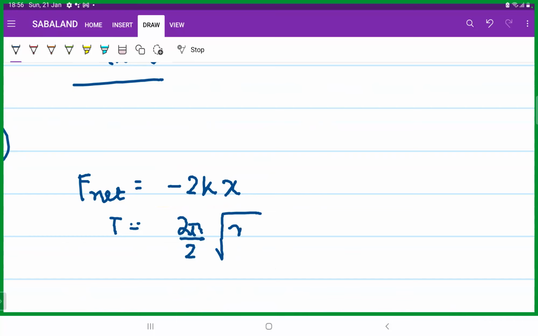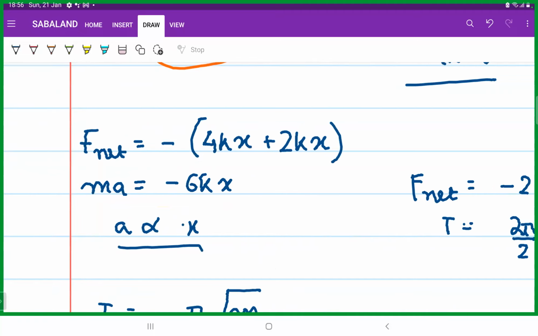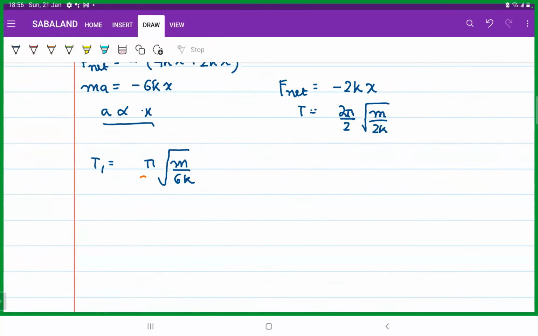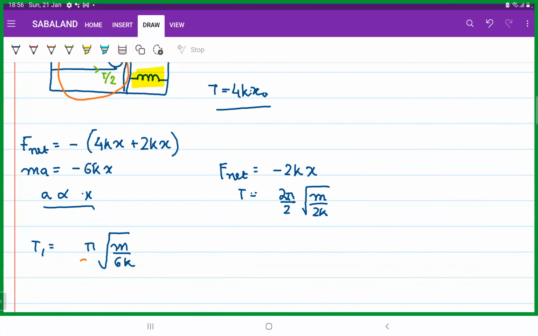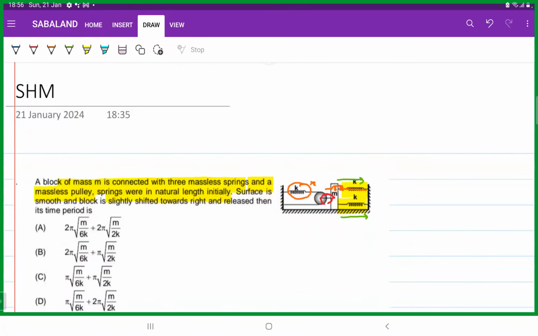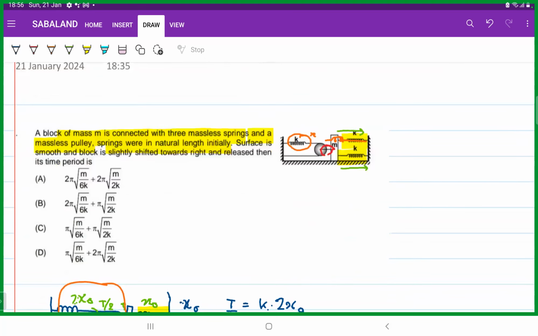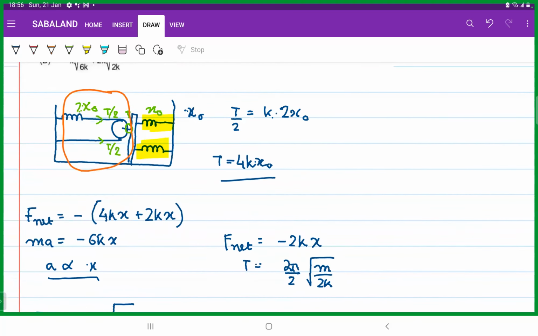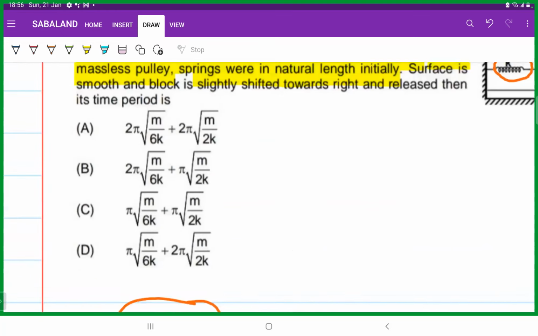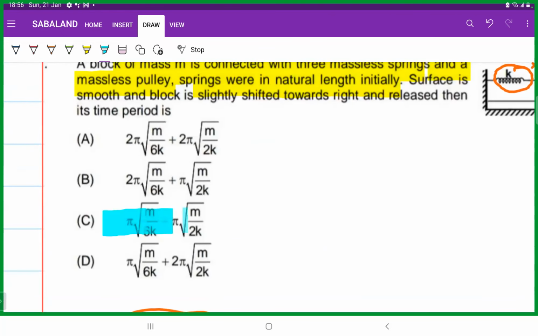This will be root m by 2k. So the total time period will be pi times root m by 6k plus pi times root m by 2k. So yeah, you have got your answer, right? This is your answer. Okay.